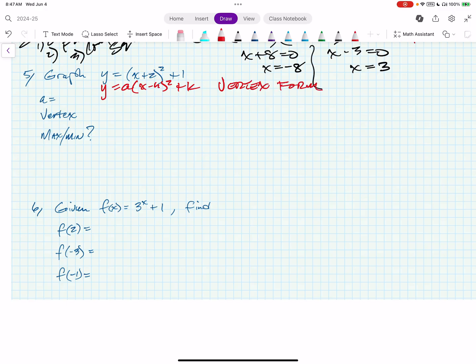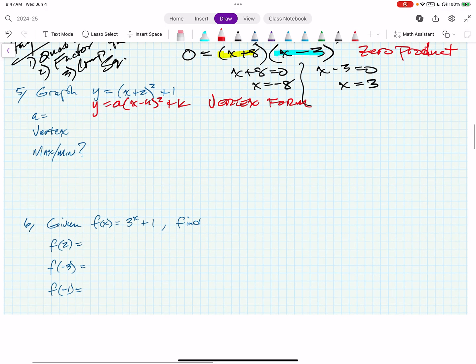We spent weeks developing this, so hopefully you remember this. a is equal to 1, which means it opens up because it's positive. The vertex is negative 2, comma 1, and because it opens up, it looks like this, and parabolas that are concave up have minimums, so this is a min. So negative 2, comma 1 is a minimum.